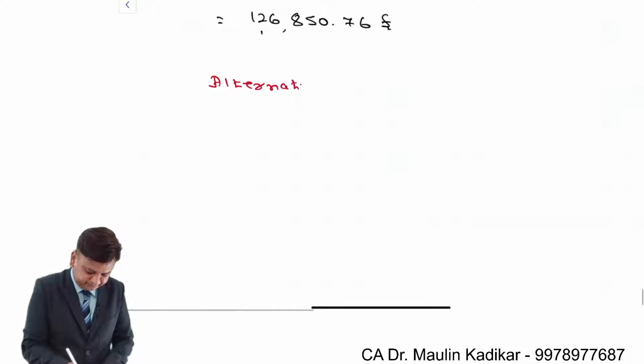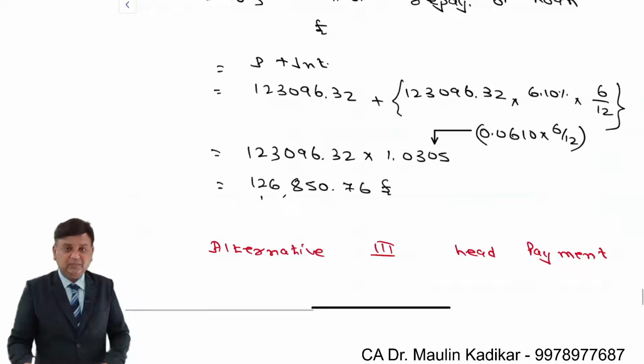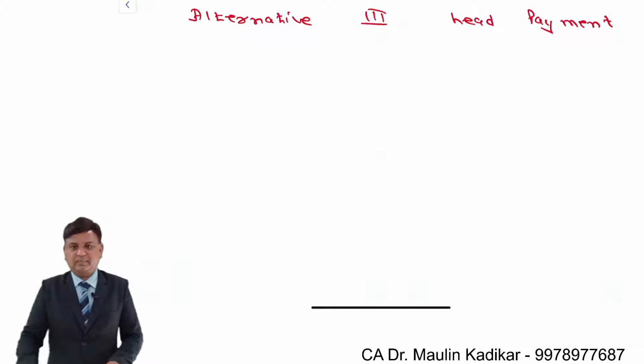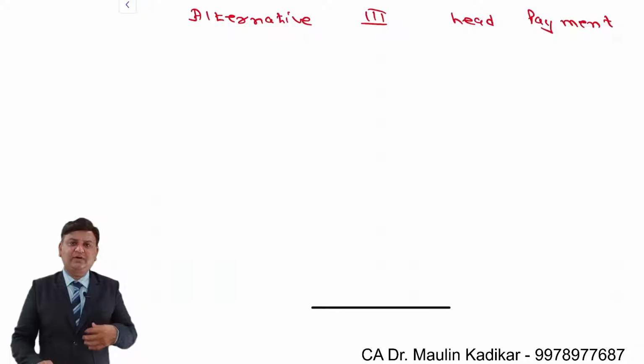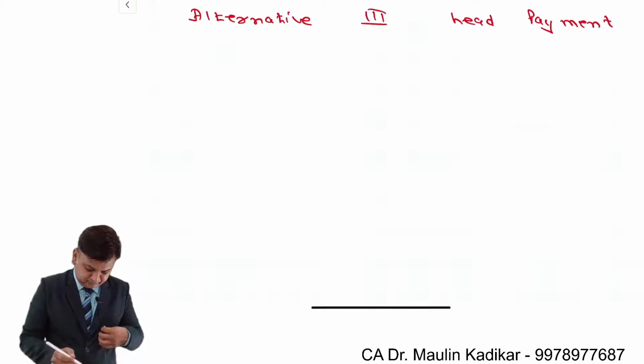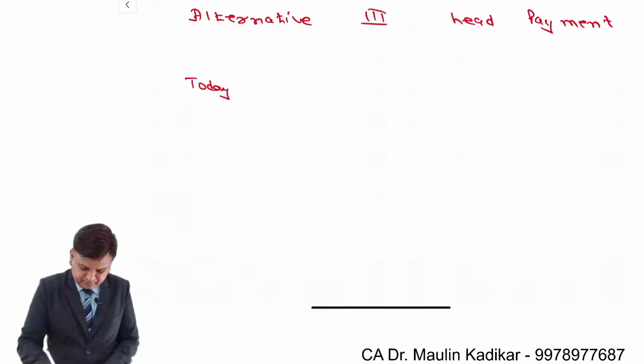Alternative 3, lead payment. That is a new point to learn. Now friends, in case of the lead payment, we are required to work out the answer like this. Today and after 6 months.